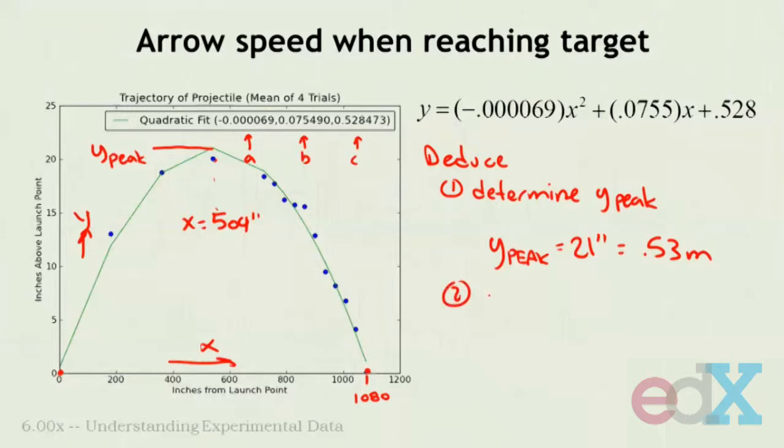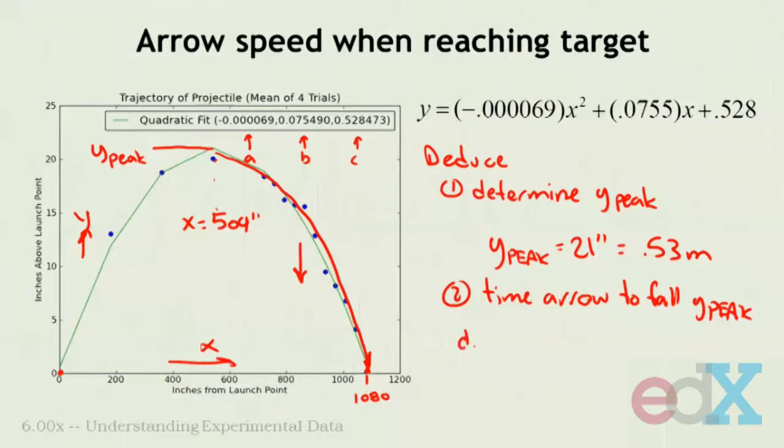Okay, so my next step is to figure out the time it takes the arrow to fall from its peak all the way down to the target. As the arrow is falling from its peak down to the target, the acceleration in that direction is happening completely because of the force of gravity on the arrow. So, the time for the arrow to fall from y peak down to 0: we know from Newtonian physics that distance equals 1/2 a t squared.